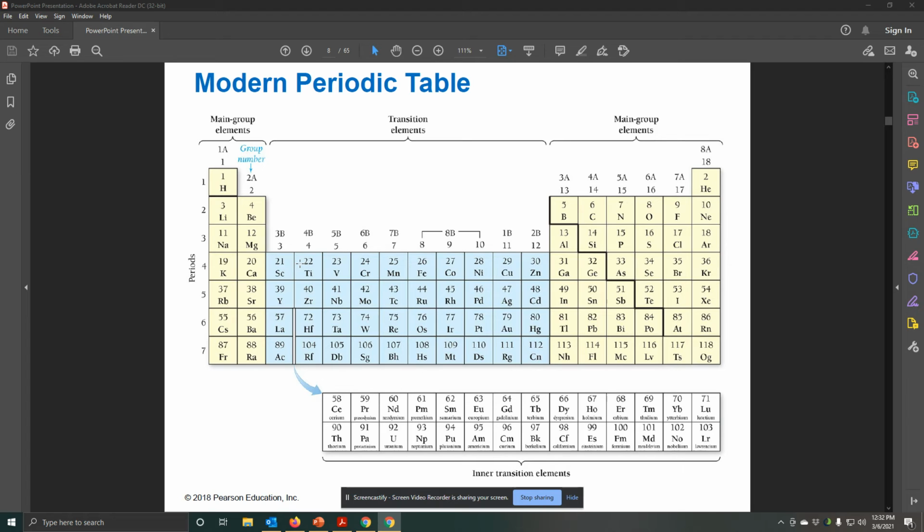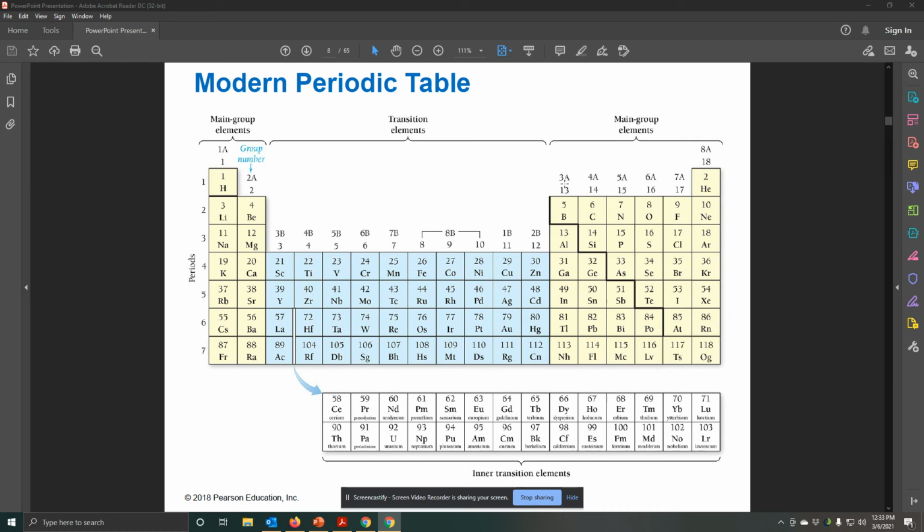Our main group elements are everything in what we call group 1, group 2, group 3, group 4, group 5, group 6, group 7, group 8. So actually, why don't you go ahead and write that on your periodic table? Make this group 1, 2, go past all the transition metals, and then boron will start group 3.